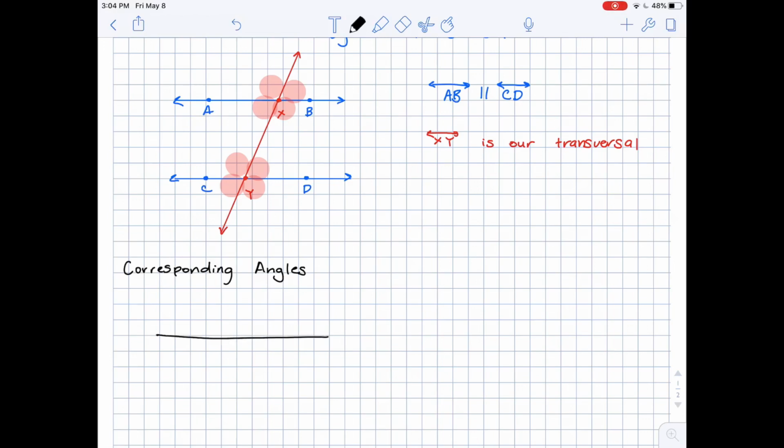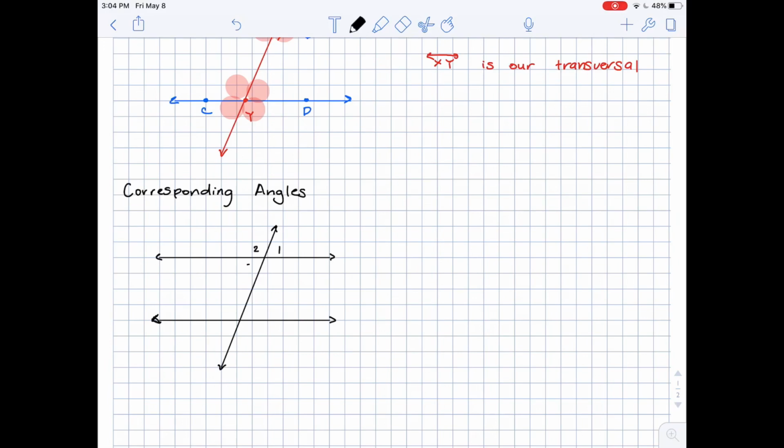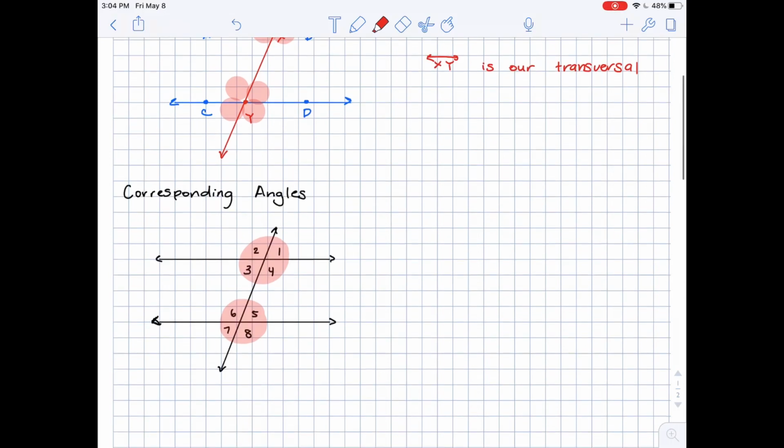I have my parallel lines and my transversal, and we're going to label these 8 angles: 1, 2, 3, 4, 5, 6, 7, 8. We're going to split this up into the top section and the bottom section. The top section has angles 1, 2, 3, and 4. The bottom section has angles 5, 6, 7, and 8.